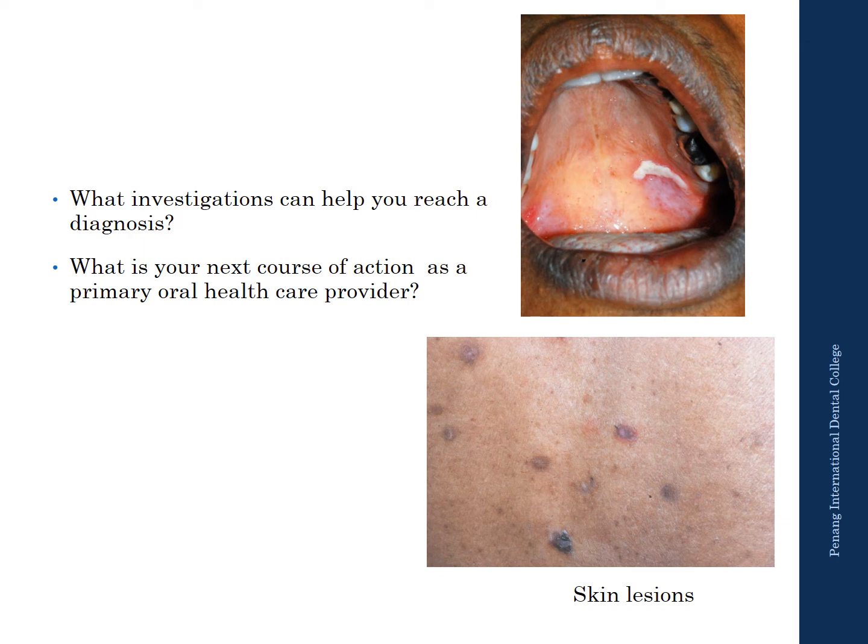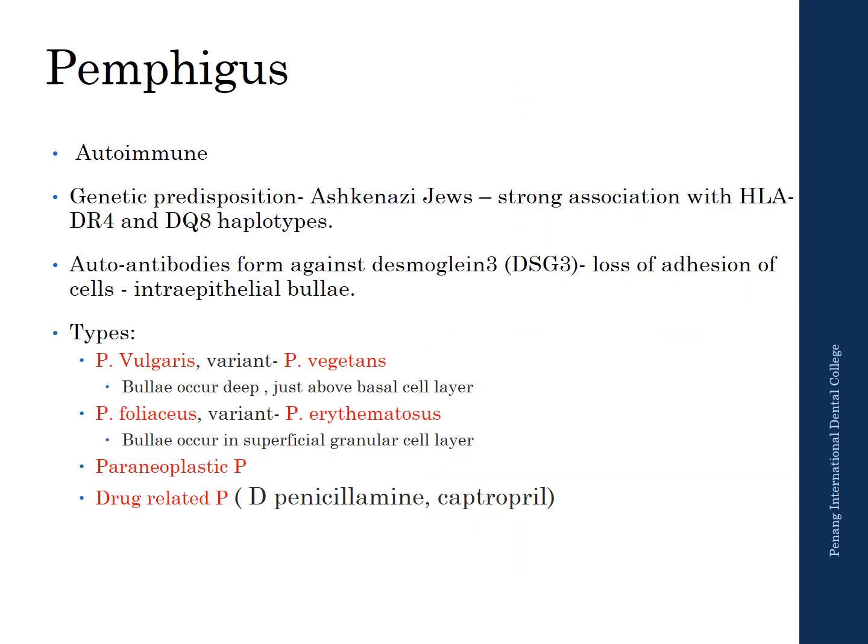And what is your next course of action as a primary oral healthcare provider? Now, these are pictures from one of our cases in the clinic, and it gives you an idea as to what kind of manifestations a patient who has chronic ulcers in the oral cavity as well as the skin could present with.